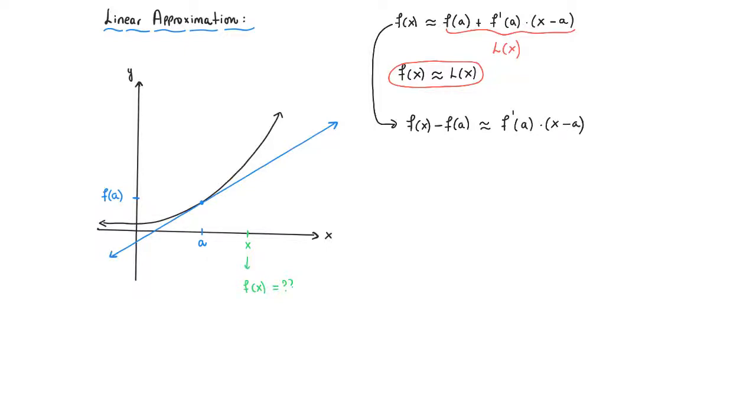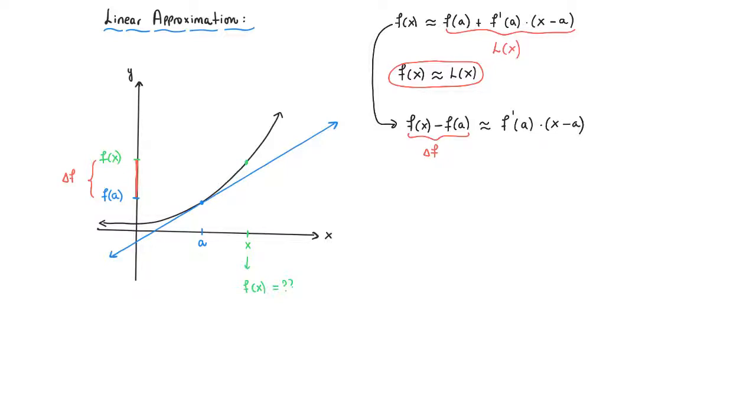And this difference, f of x minus f of a, is just a change in f. If we go back to this graph, given x, this is f of x right here. So delta f is precisely this vertical difference right here. This difference is delta f.